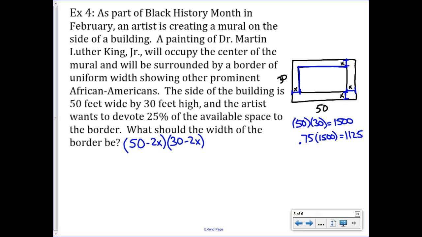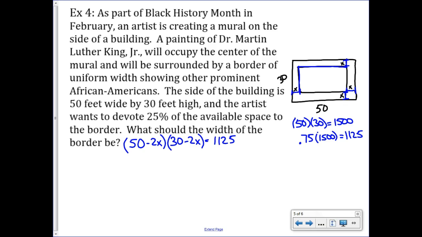When we've done that calculation, we would get 1,125 square feet. Okay, so it looks factored right now, but it's not set equal to 0. So what we're going to have to do is undo this. We're going to FOIL it all out. We're going to move that 1125 over, and then we're going to factor and find what that x value should be.